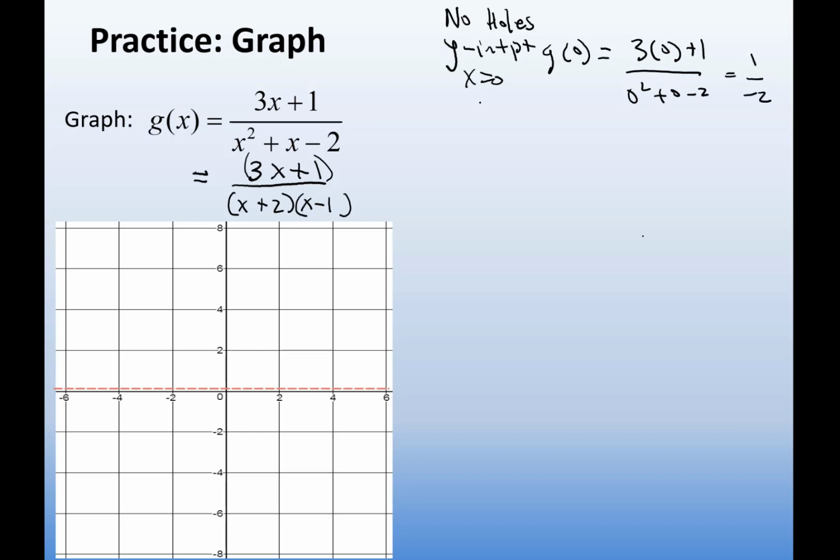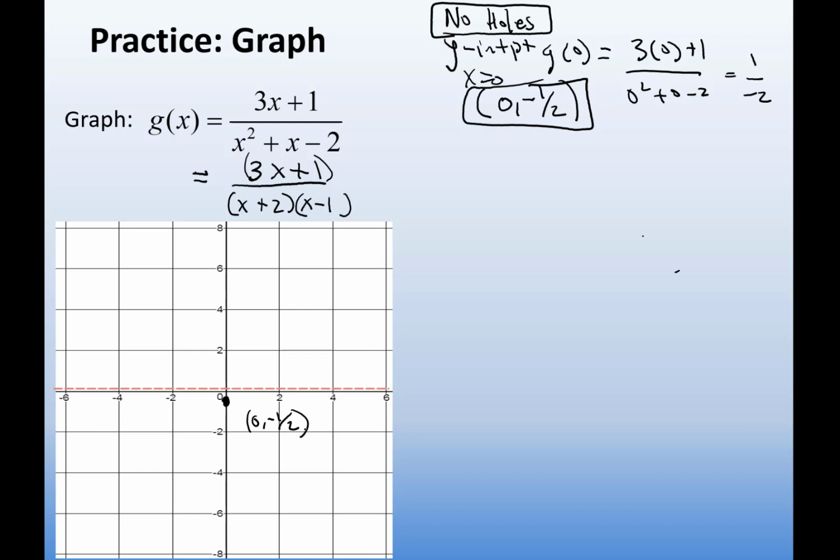And so my y-intercept point is 0, negative 1/2. Important point: we have no holes, and we've got a y-intercept point. It's not perfectly graphed, but it's right down there at 0, minus 1/2.